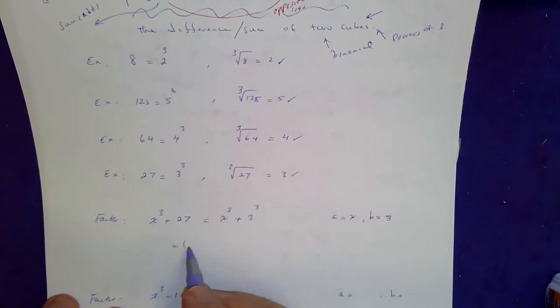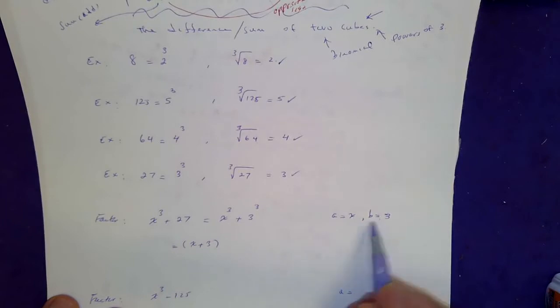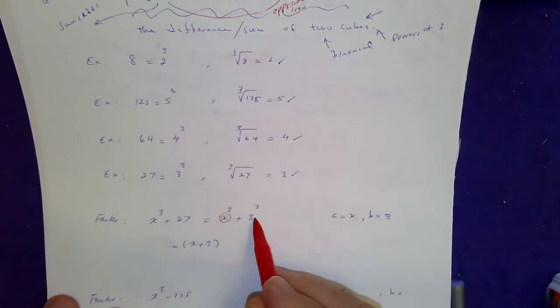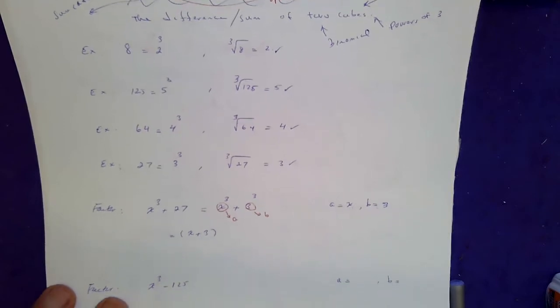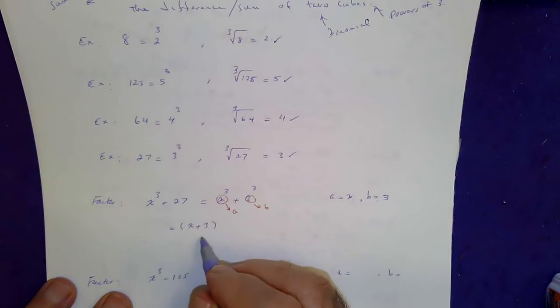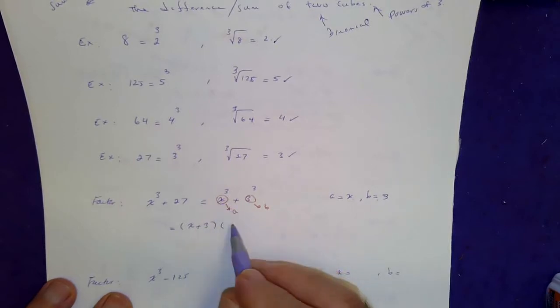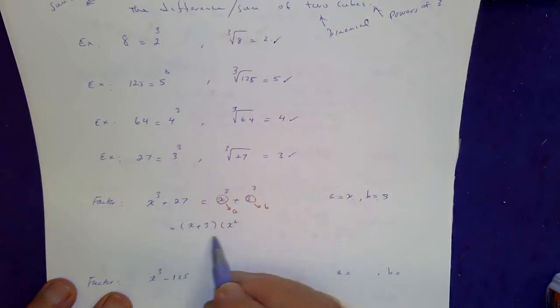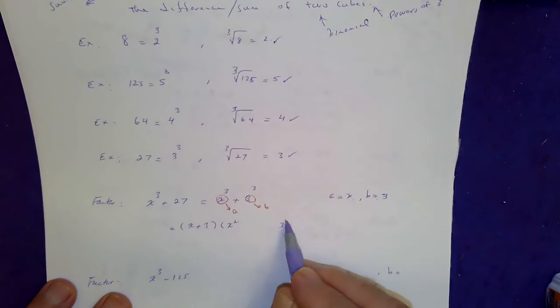So the answer is a + b, which is x + 3. Remember, you drop the powers. You only take these as your a and that as your b. So this would be x + 3. Then you raise x to the power of 2. You raise 3 to the power of 2.